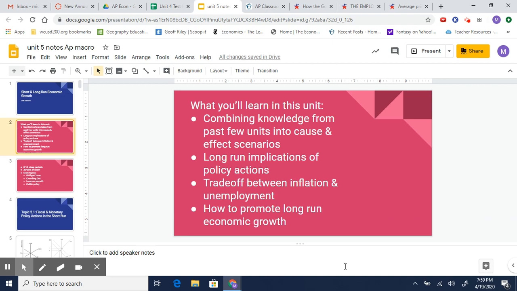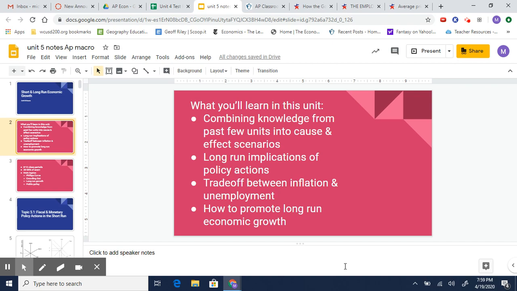We've learned about the different types of economic conditions that exist, the role of demand and supply in that, the role of monetary and fiscal policy and the various multipliers and policy tools at our disposal, and what's going to happen when all those tools interact with one another or are used at the same time. What is the effect on interest rates, on investment, on aggregate demand, things like that.